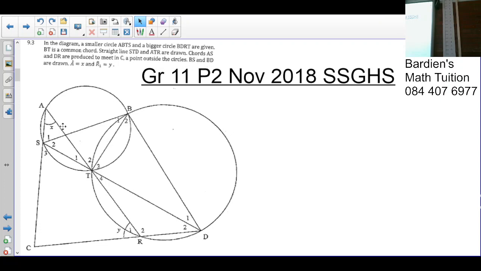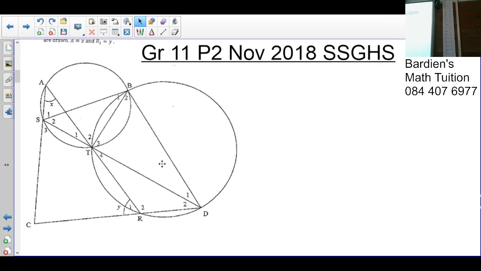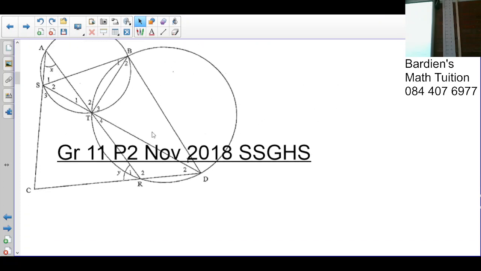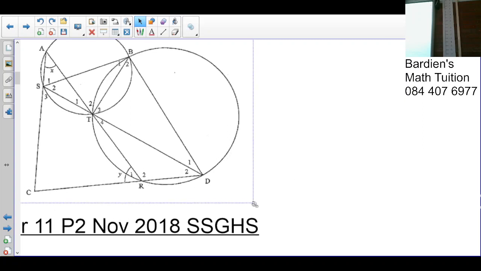Chords AS and DR are produced, which we need to extend to meet at C, a point outside of the circle. BS and DB are drawn. Angle A is X and R1 is Y. Right. So everything that is given there in the description is definitely on this diagram.